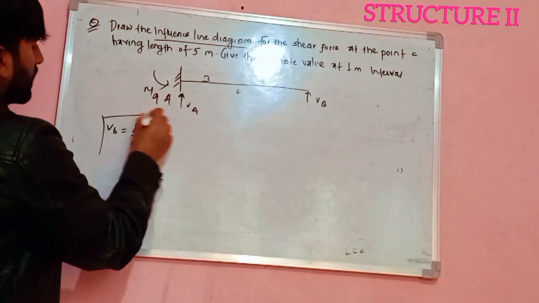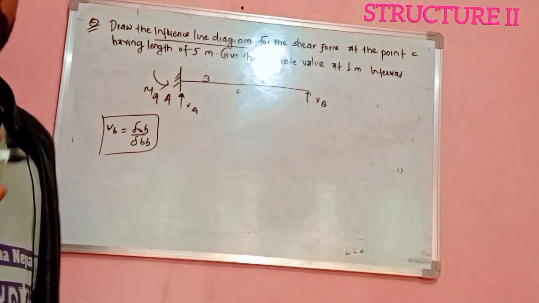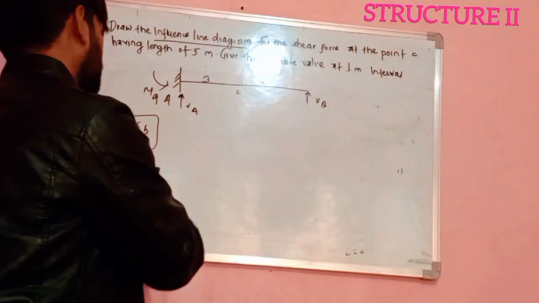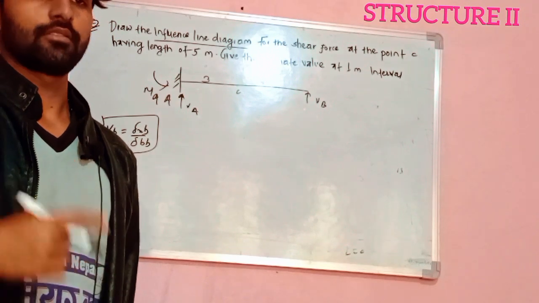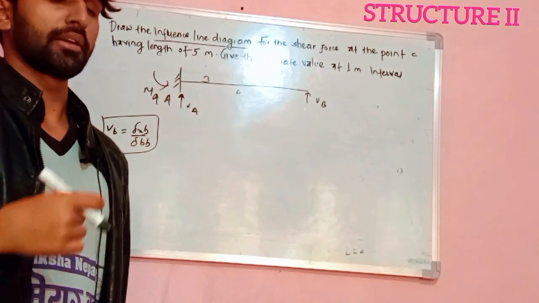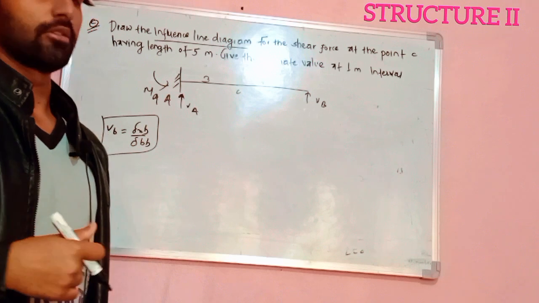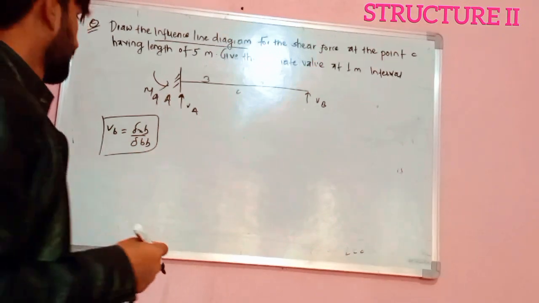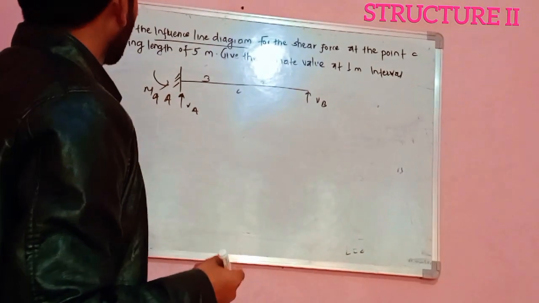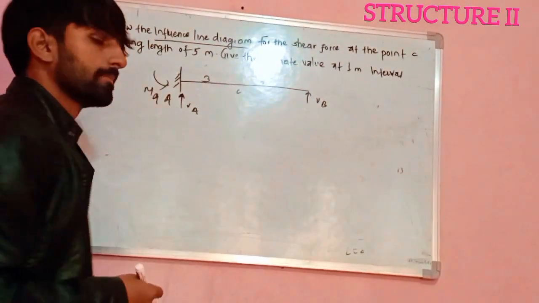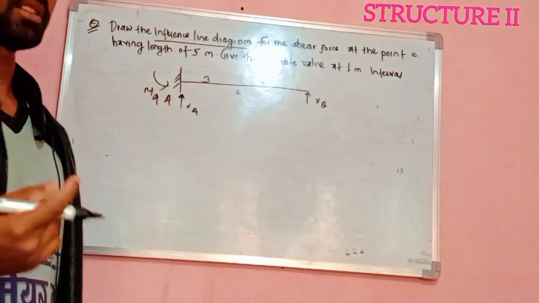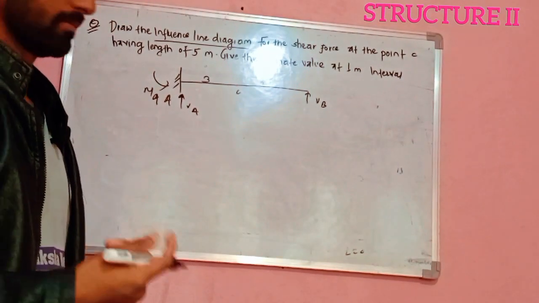It becomes easy for us to find the deflection by the conjugate beam method, because in a conjugate beam, if you divide the bending moment at any point by the EI value, you will get the deflection at that point. So we will draw the conjugate beam of this real beam. A conjugate beam is an imaginary beam.